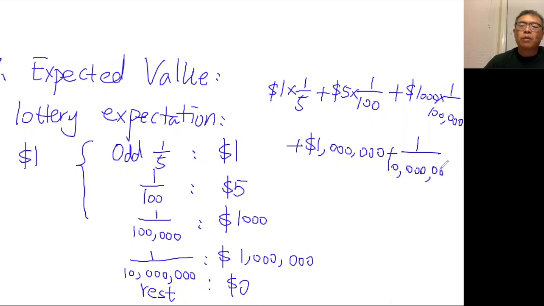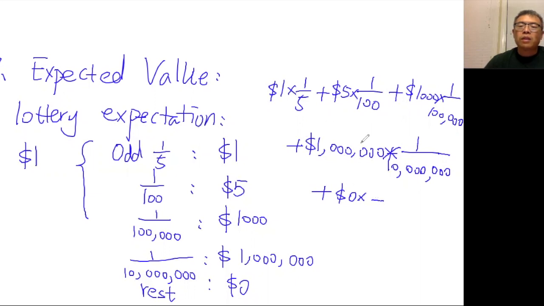We actually should probably write it in scientific notation. The reason I'm writing it like this is to give you some impression that it's a huge amount of money. And finally, you have $0 multiplied by whatever probability is left. It doesn't matter what you have here; it is always 0.